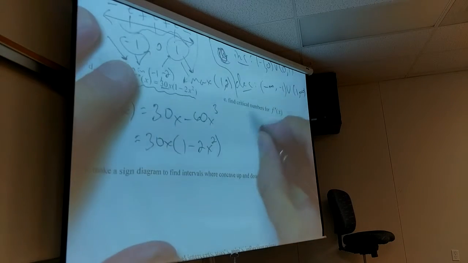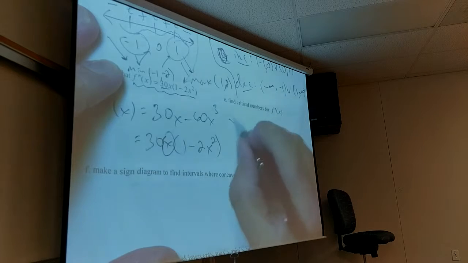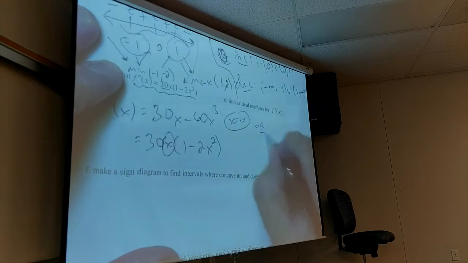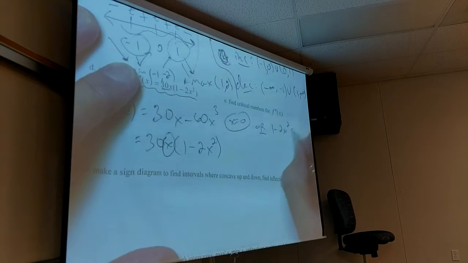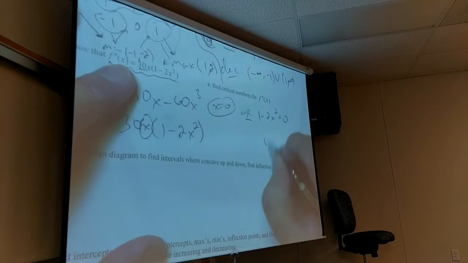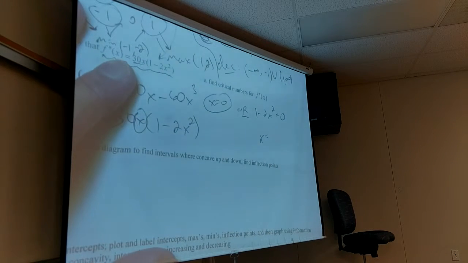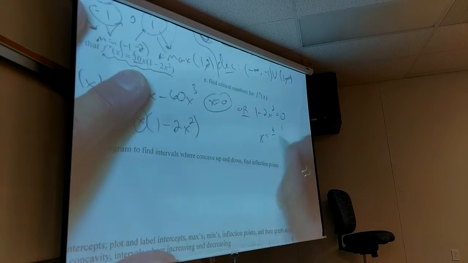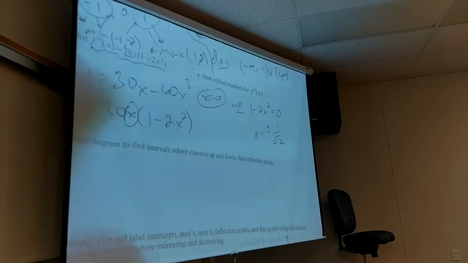All right. So you get x is 0, or 1 minus 2x squared is 0, so what do you get there? Yeah, good. Plus or minus 1 over square root of 2. Does that sound familiar at all?